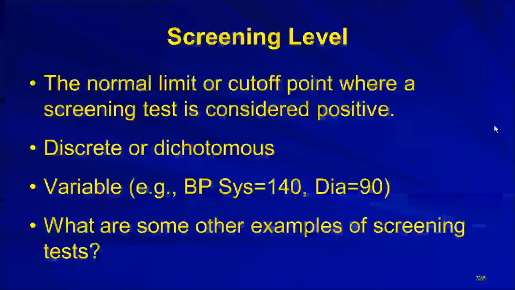They're split into two categories, either yes or no. Notice with blood pressure, if you have a systolic blood pressure above 140 or a diastolic blood pressure above 90, either one of those, you would be considered hypertensive. And what are some of the other examples?